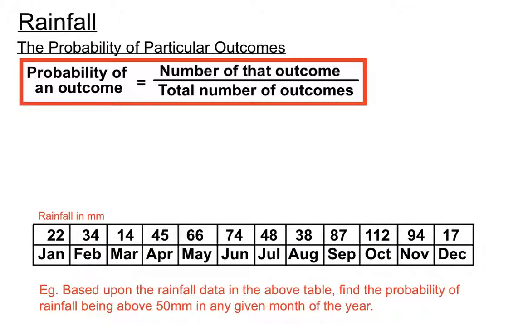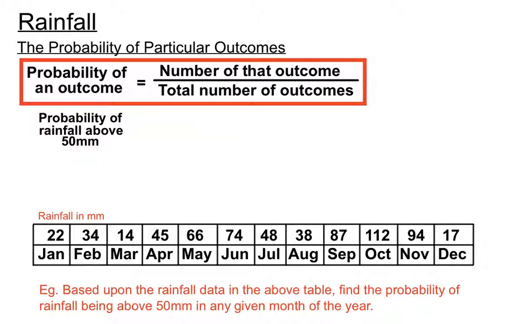So let's have a look at a quick example here. We've got a table of rainfall figures, all in millimetres, from January through to December, 12 months in the year, and the question says, based on the rainfall data in the above table, find the probability of rainfall being above 50 millimetres in any given month of the year. So we'll use the rule in the red box at the top: find the number of that item we're looking for and put it over the total number of outcomes.